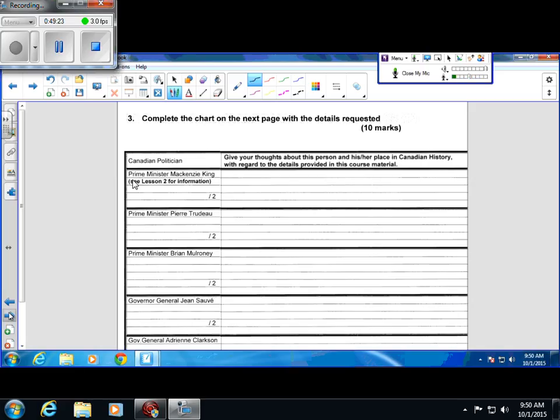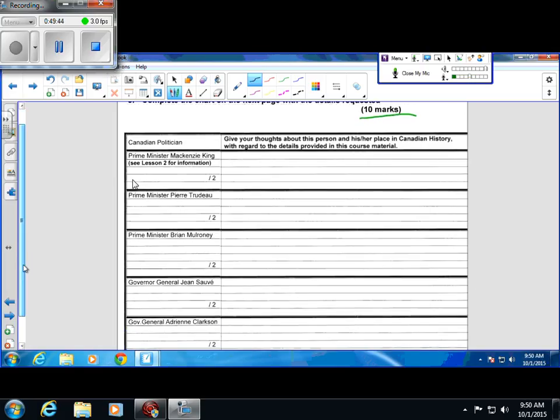Give your thoughts about this person and his or her place in Canadian history with regards to the details provided in the course material. Make sure you use the facts in your textbook. Don't just make up stuff about these individuals.